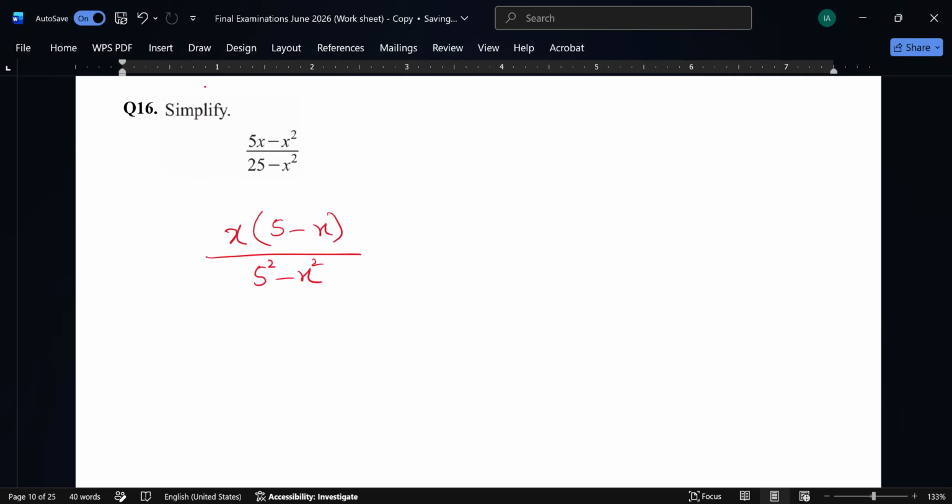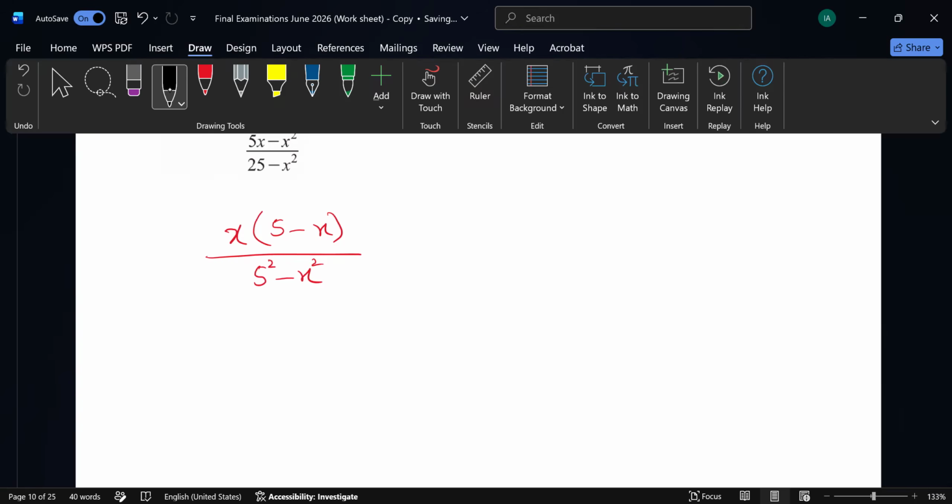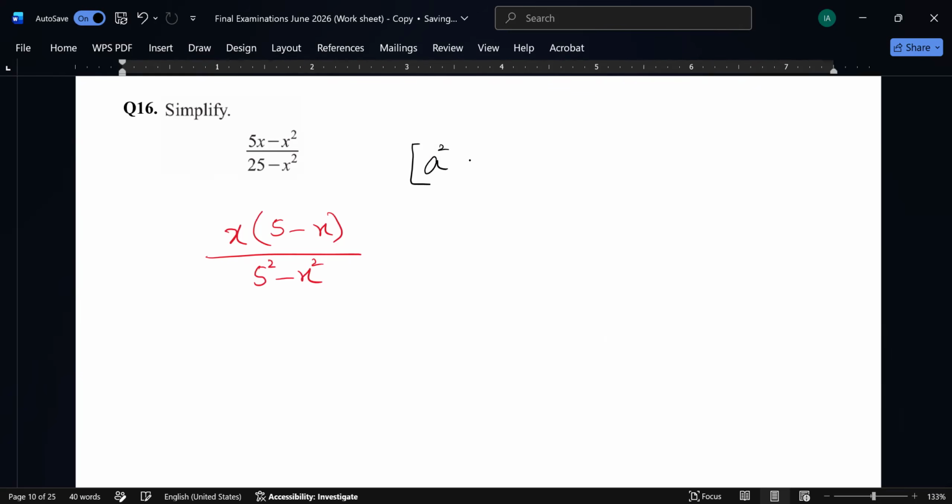We must recall an identity. That is, a squared minus b squared is equal to (a plus b)(a minus b). Right? This is the identity.